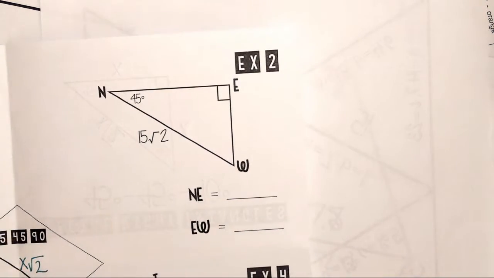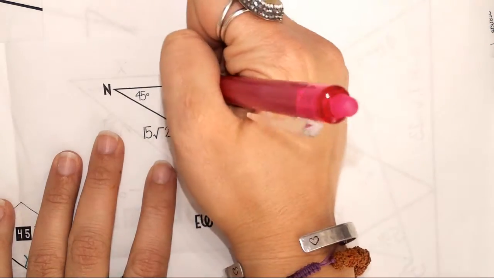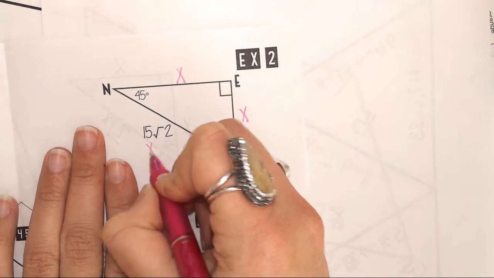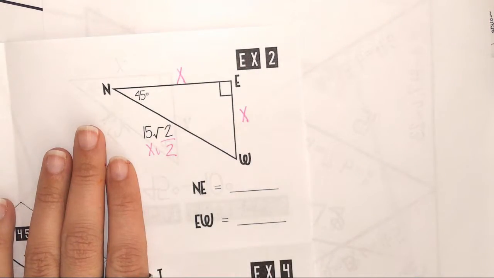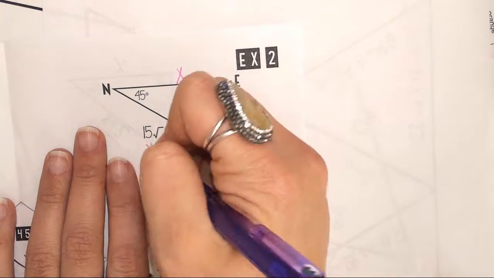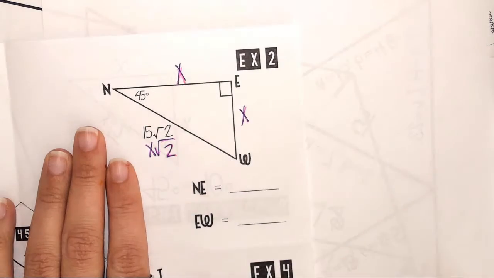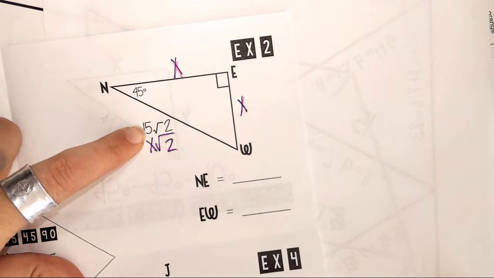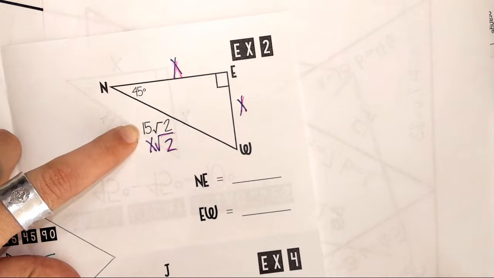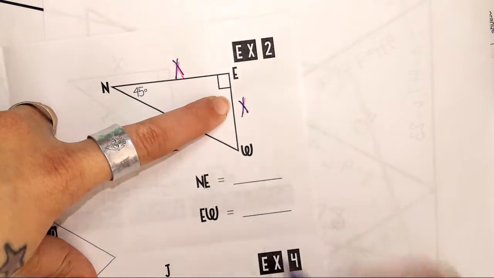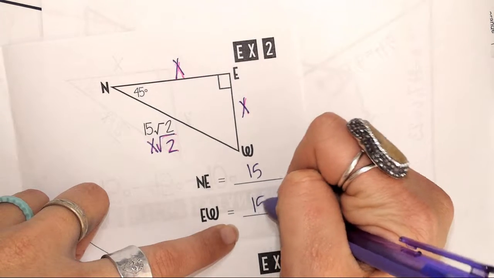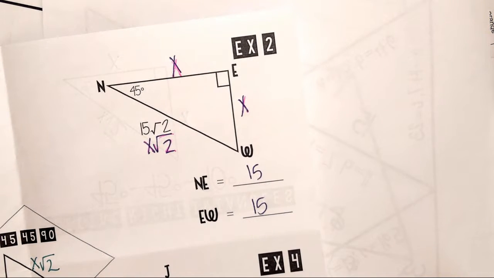Guys, if you have to label it, draw an X and an X and an X root 2. What is in the place of X right here? 15. So what is X going to be? 15.